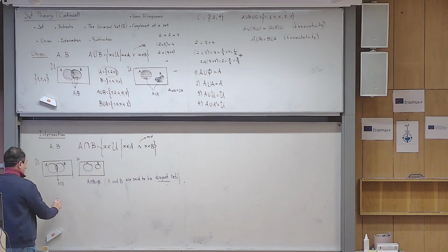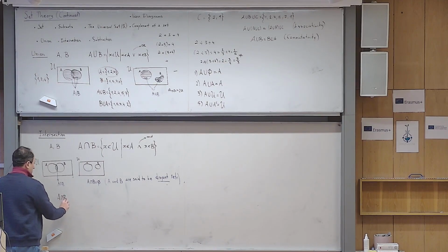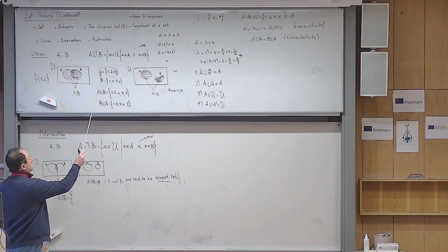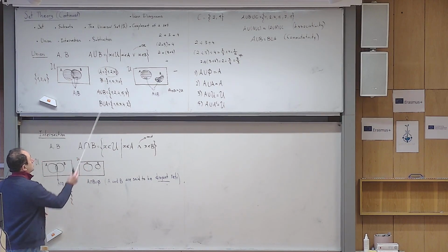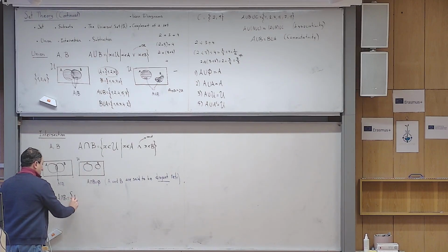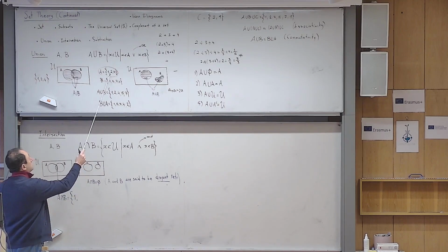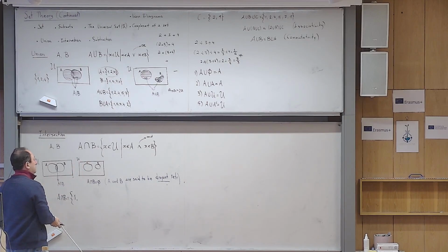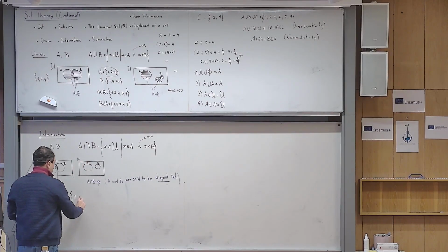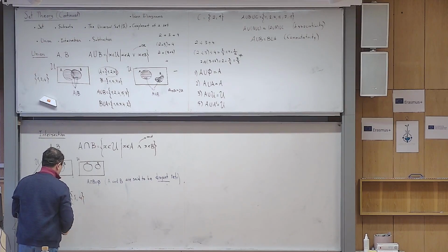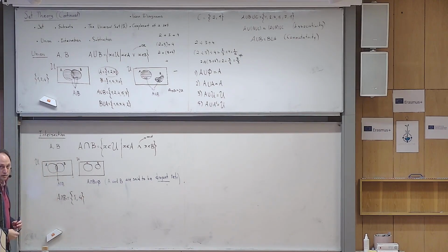So intersection between A and B means find all elements that are simultaneously in A and B. So 1 is in A and is in B, so it is allowed to be in the intersection. 2 is only in A but not in B, so I don't write it down. 4 is in A and also in B, so I write it down. Is there any other element such that it is in both of them? No, so that is the intersection. Yes, is that clear?